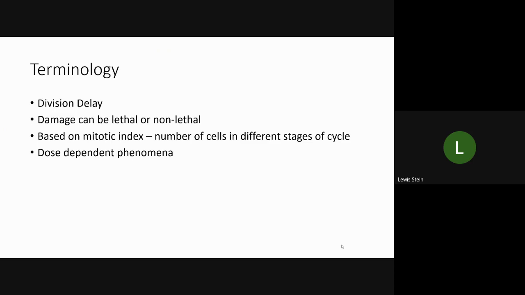Interestingly enough, the phases that are least affected are G1 and certainly S phase, which is surprising because that's where the DNA is replicated, but it has to do with the nature of what the DNA is like at that point in time, versus the later portions of G2 and M phase, where it's very, very susceptible, and I'll comment on that as we go on. So it's really important to look at all the parts of the cycle, and know roughly the events and what the critical pieces are that are going to be involved.